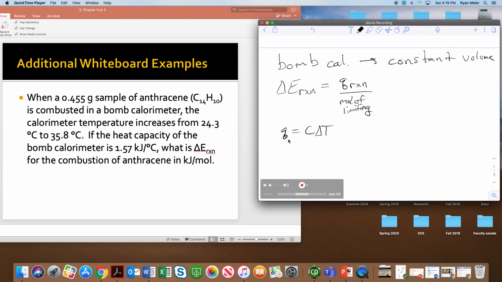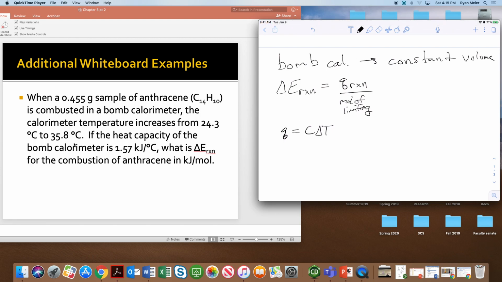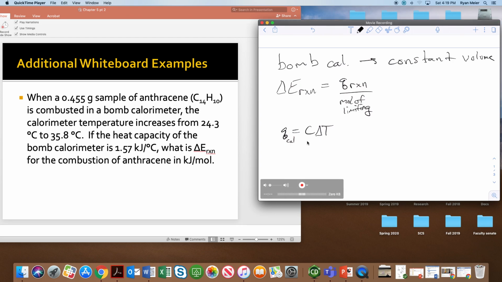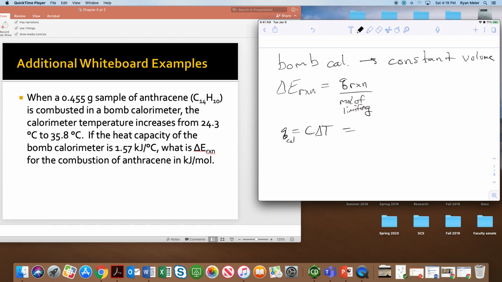Now, the other part is, which Q is this? This isn't Q of our reaction, because it's not our reaction that's changing temperature. It's the calorimeter. So what I'm really finding here is Q of our calorimeter, Q cal, which is C delta T. If I put my pieces in, C was 1.57 kilojoules per degree Celsius times my temperature change, final minus initial, so 35.8 minus 24.3.